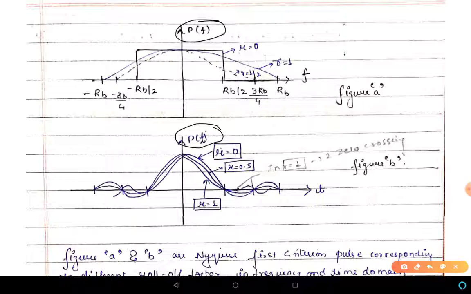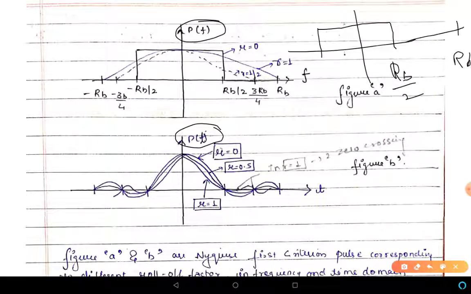So when R is equal to 0, there is no excess bandwidth. So this is your Rb/2, and this is your Rb, and this is your P(f).